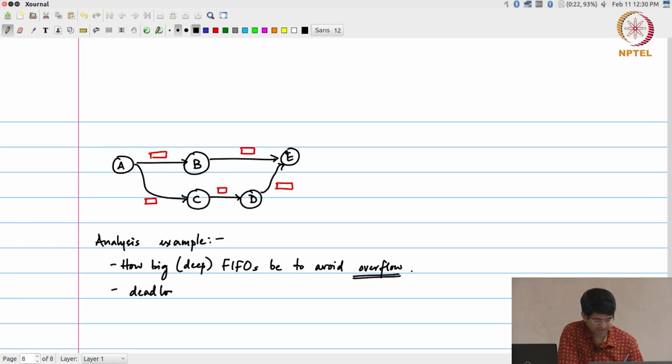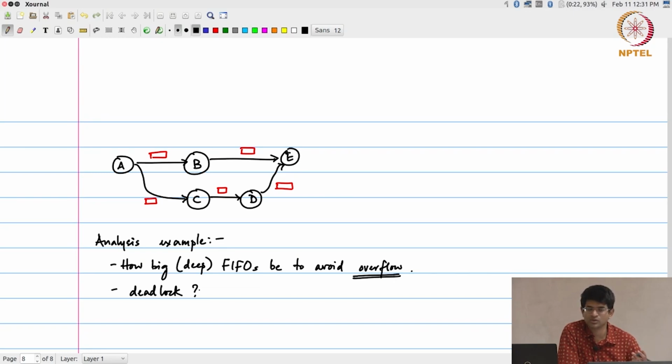Deadlock is another problem. Is it possible for a particular network to deadlock? Okay. These kind of questions within certain limited conditions can be answered using this model of Kahn process networks. Okay, not in general.